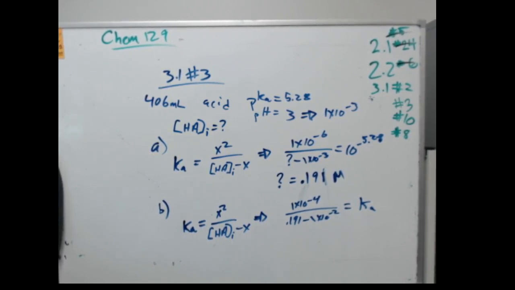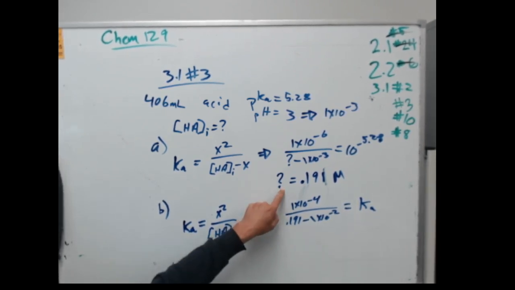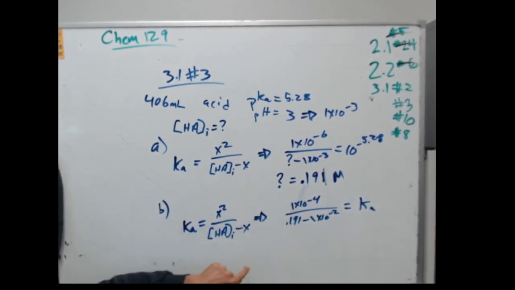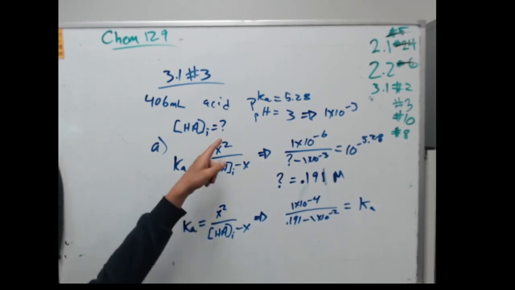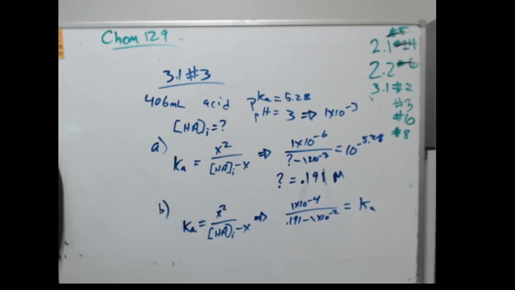It says, I want this HA to be the same as the thing you just calculated. I want this X value to be associated with pH equals 2, or an H3O plus concentration of 1 times 10 to the minus 2. But I want you to figure out what the Ka is for that situation.